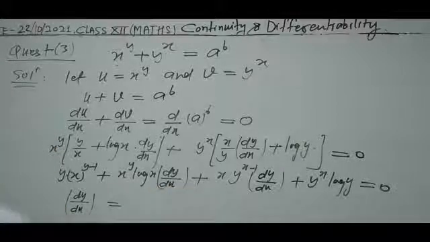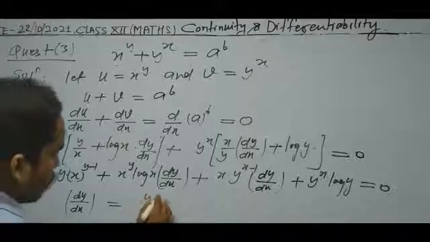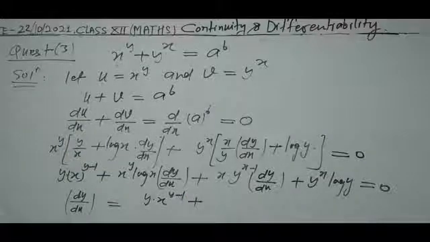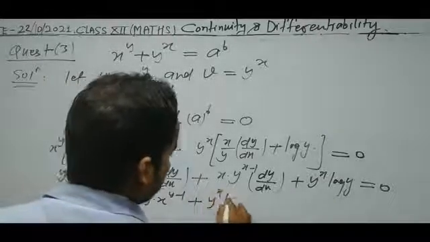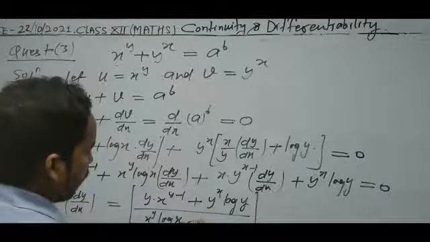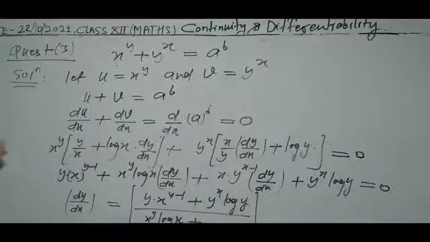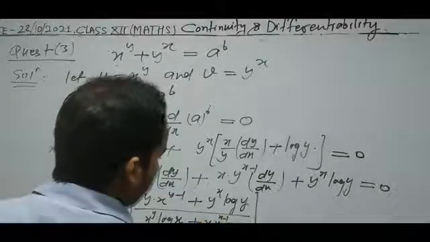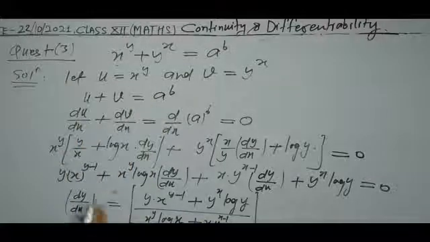So the result will be y into x to the power y minus 1 plus y to the power x log of y, and whole upon x to the power y log of x plus x times y to the power x minus 1, with a negative sign.